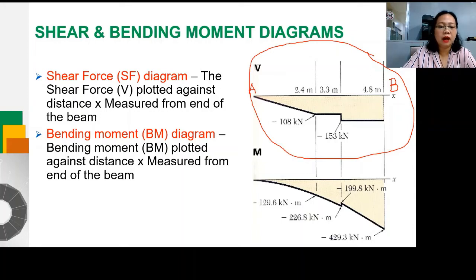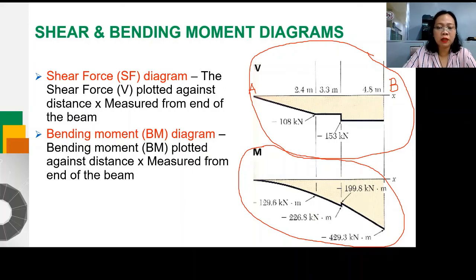Then, bending moment diagram, or BM diagram, is this one. It is the bending moment plotted against the distance measured from the end of the beam. So these values here are the value of the bending moment at a particular section of the beam.